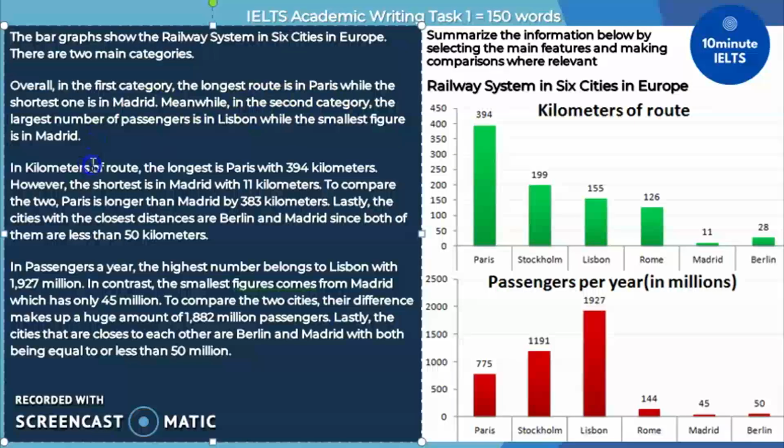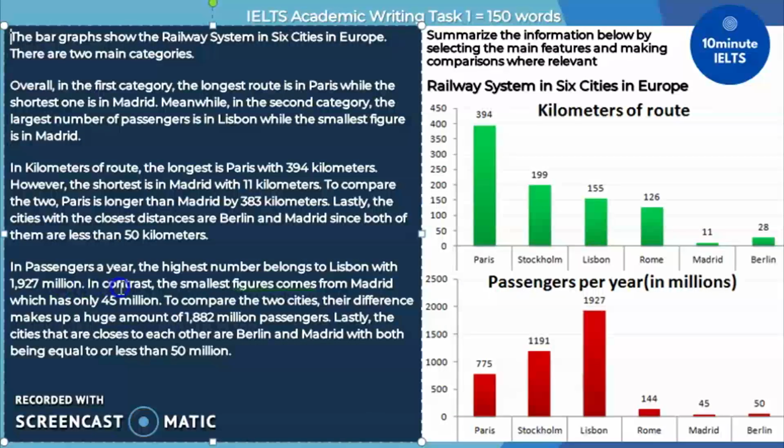In kilometers of route, the longest is Paris with 394 kilometers. However, the shortest is in Madrid with 11 kilometers. To compare the two, Paris is longer than Madrid by 383 kilometers. Lastly, the cities with the closest distances are Berlin and Madrid, since both of them are less than 50 kilometers. In passengers a year, the highest number belongs to Lisbon with 1,927 million.